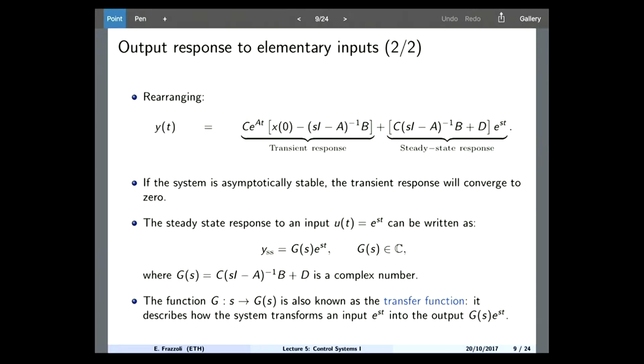So essentially what you see here is exactly the same as your input, just scaled, amplified, or made smaller, and then shifted in phase by the argument of your transfer function, okay?